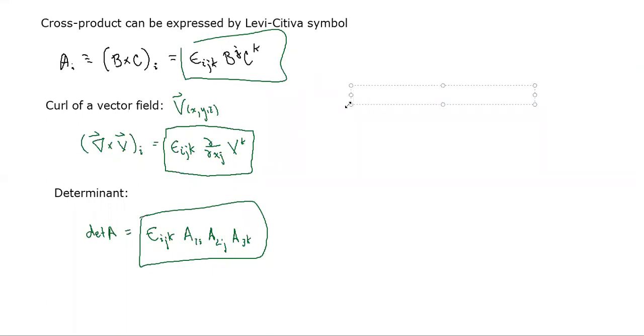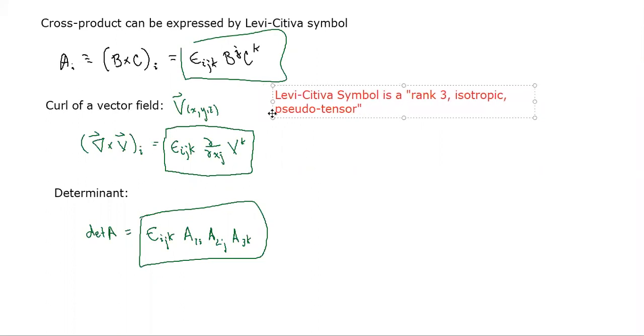And it turns out that the Levi-Civita symbol is a rank 3 isotropic pseudo tensor, which is a great piece of jargon. Okay, so any questions about that? We've got like 10 minutes, so I think that's enough time to go through how you would maybe prove some of these things.